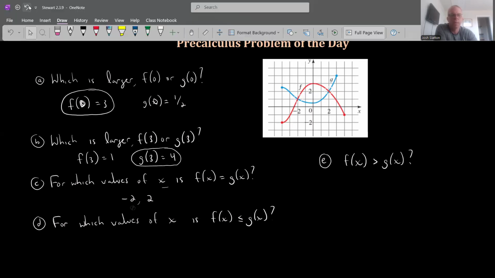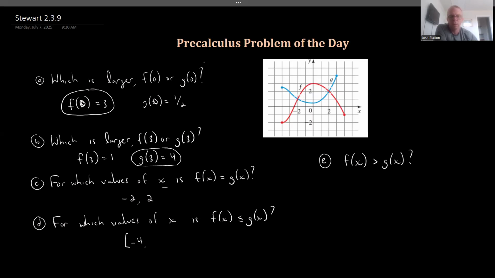So -4 up to -2. Since we do have the equal part, we're going to include the -2. And then union, and all this part here, f is above g, so f is greater than g. And then at +2, it crosses again. So we're going to start at +2 and then go the rest of the way, where f is less than g.